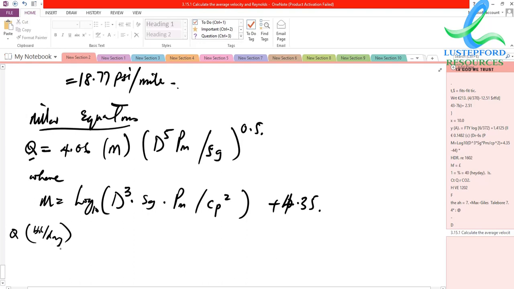The flow rate, the unit is in barrel per day. The diameter, the internal diameter, is in inches. The PM is in psi per mile. Then CP is centipoise.